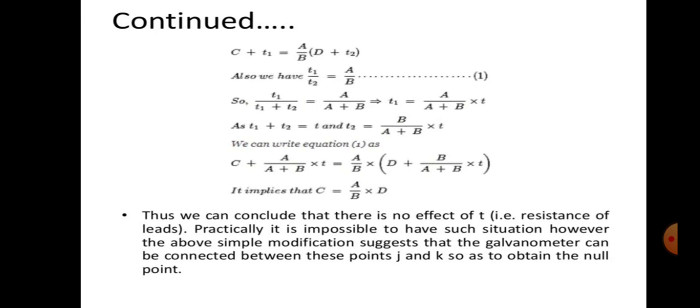So using these values we can solve the equation, and thus we can conclude the Kelvin's bridge. Now C plus T1 is equal to A upon B in bracket D plus T2.